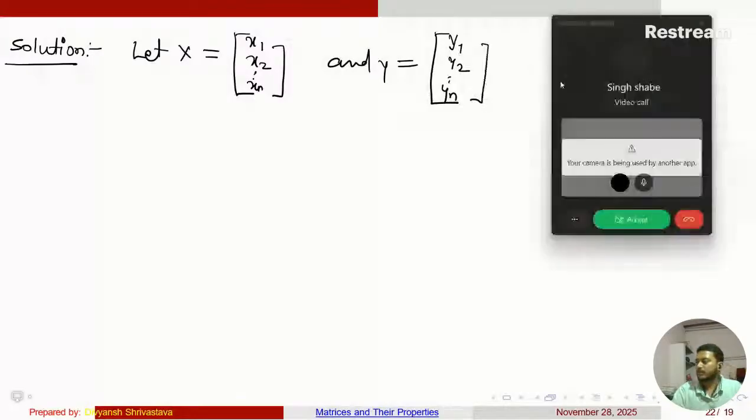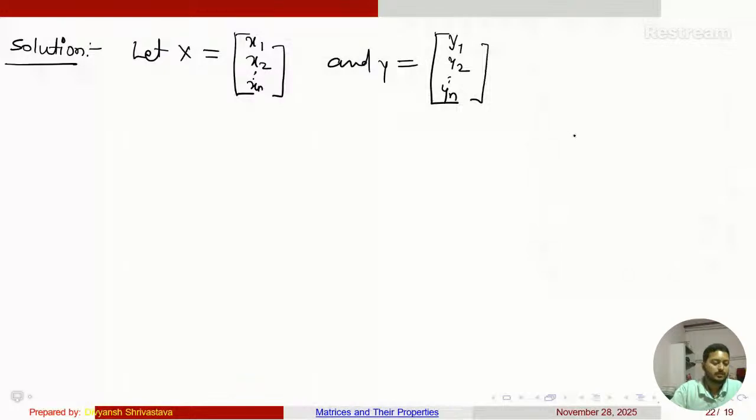Where x is represented by its entries xi and y is represented by yj. These are the representation of row and column entries, so we write xi and yj.